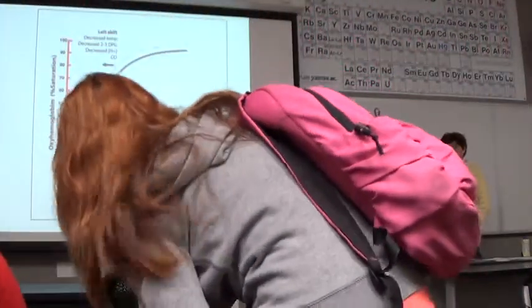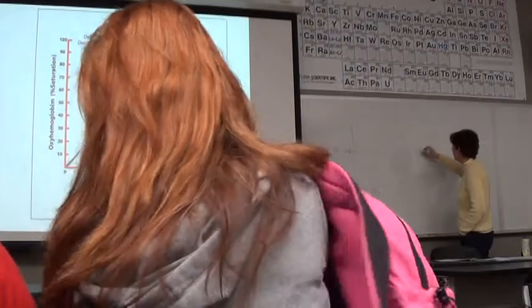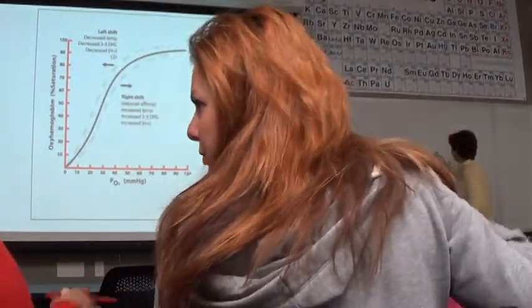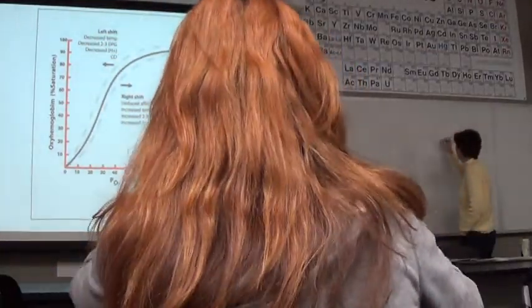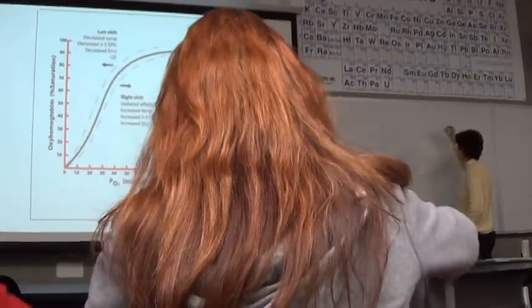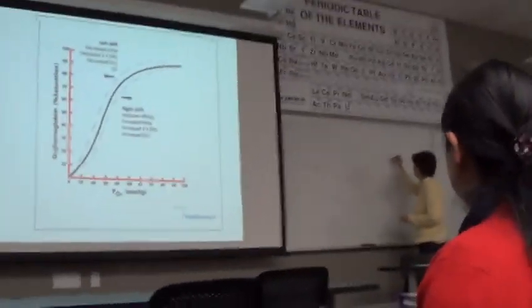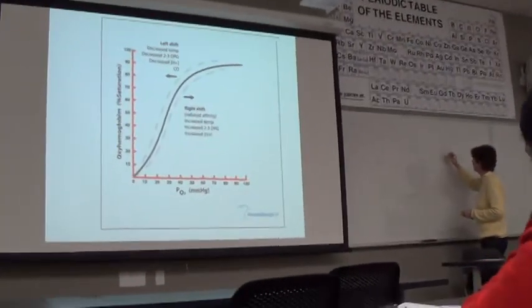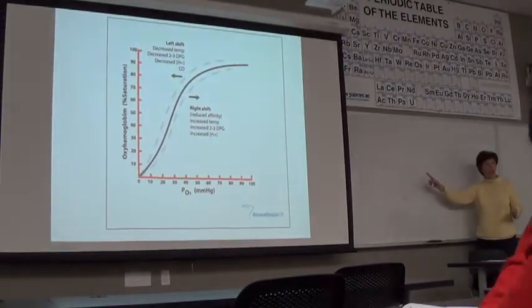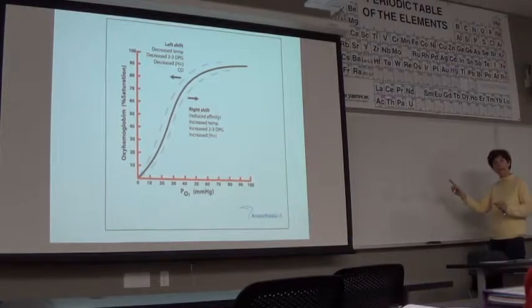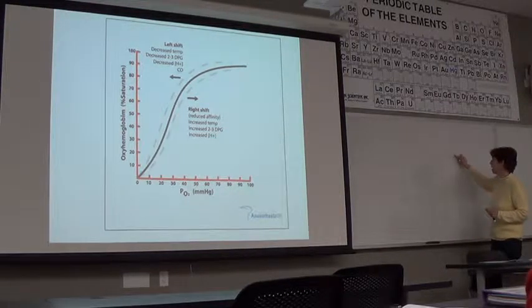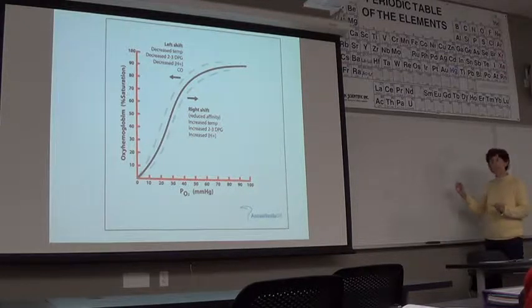More. Okay? So we're in a situation here where we have our hemoglobin molecule, and it's going to have oxygen bound to it. And when we shift our curve to the right, we're saying that oxygen separates and comes off of the iron and moves into the plasma and then moves into the tissues more quickly.